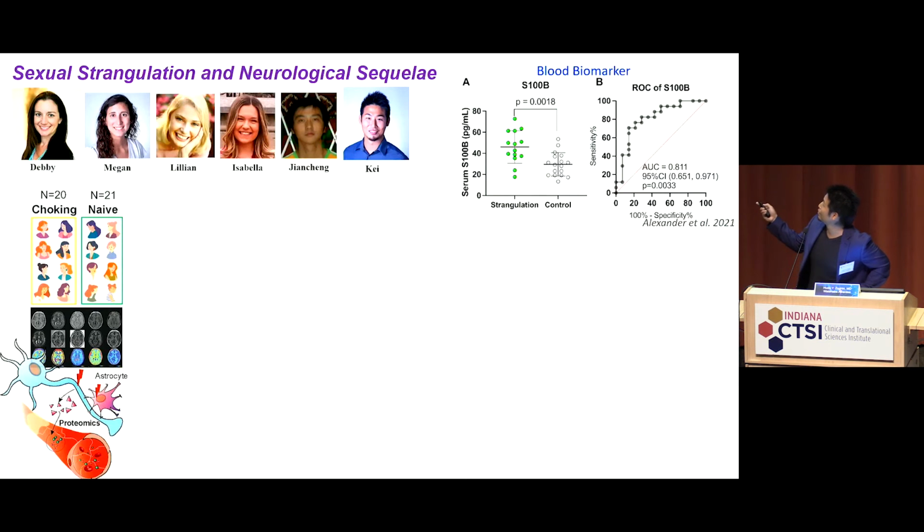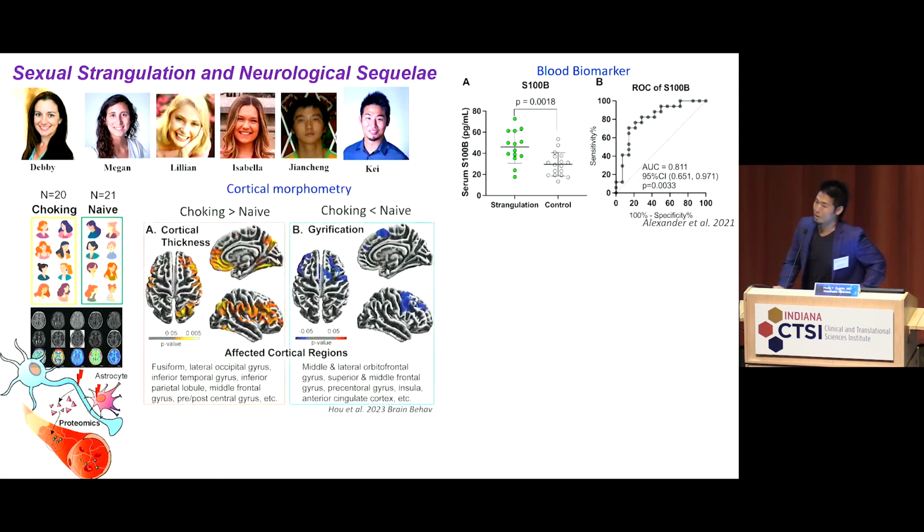Those with the strangulation experience had increased levels of blood biomarkers, which is an indication of astrocyte activation. And cortical morphometry shows cortical hypertrophy in the right side of the brain, and some of the gyrification was reduced. These participants have been chronically engaged in this behavior.